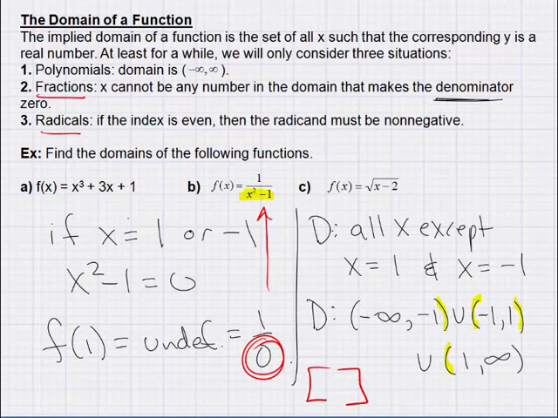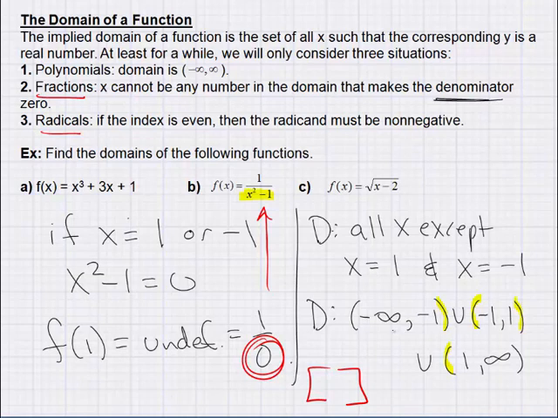So I don't want to include -1 or 1. Now, I put parentheses around the infinities because you can never include infinity in anything. Infinity is like a moving target. Once you think you got to infinity, just keep going because you didn't get there. You can never get to infinity, and therefore if you can never get to infinity because it's constantly moving, it can never be included.